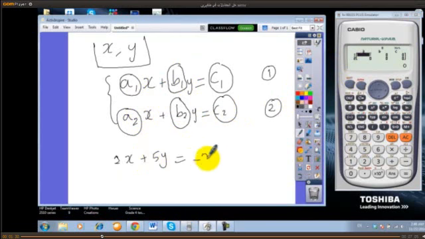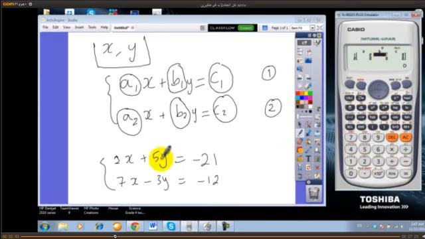So for example, if I have 2x plus 5y equal negative 21, the second equation is 7x minus 3y is equal to negative 12. We enter the values of the coefficients starting with 2, equal, 5 for y, equal, negative 21.